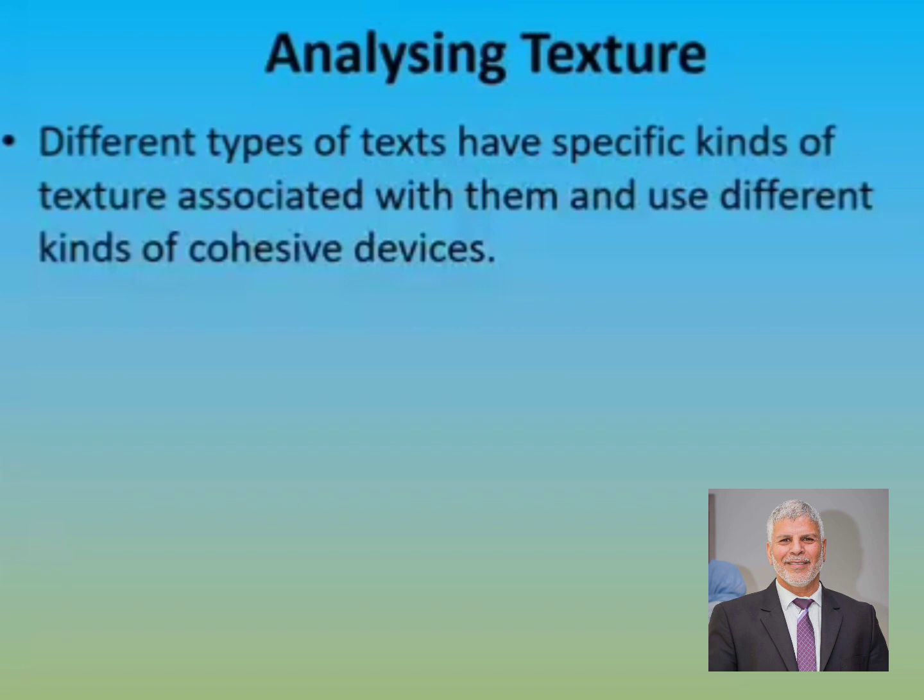Different types of texts have specific kinds of texture associated with them and use different kinds of cohesive devices. Okay, so here we have to concentrate on the main words, the key words, in order for us to understand any statement. So as you can see here, we are talking about different types of texts.